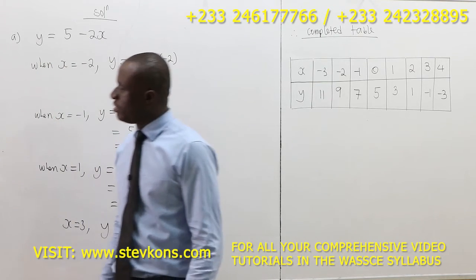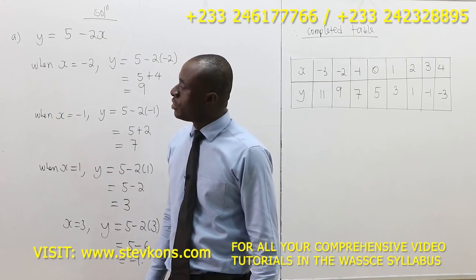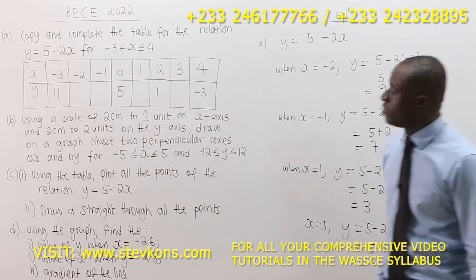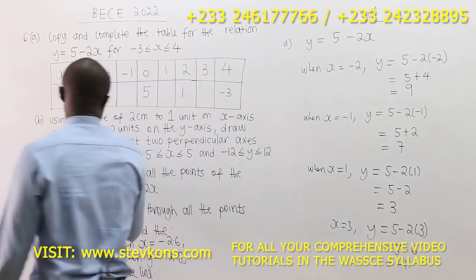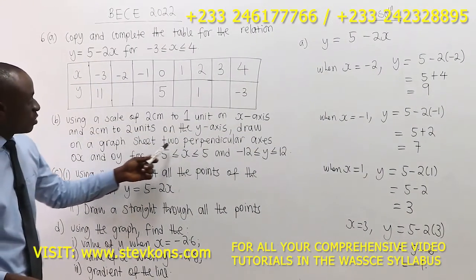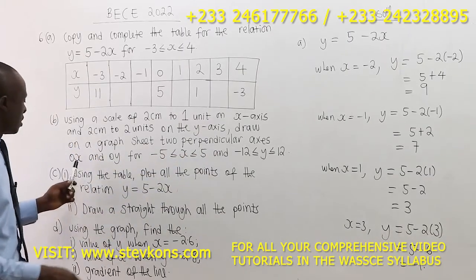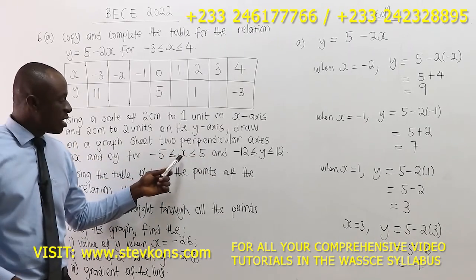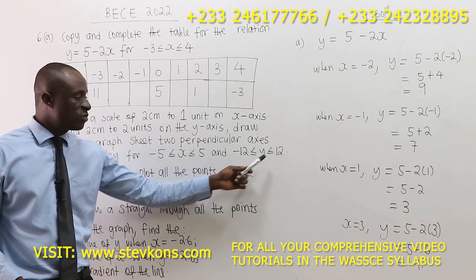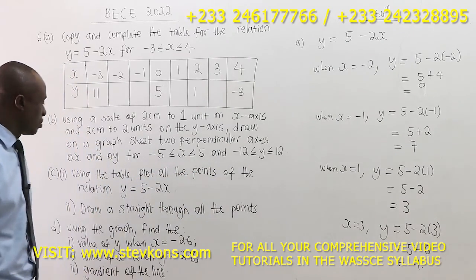Question B is saying that using a scale of 2 centimeters to 1 unit on the x-axis and 2 centimeters to 2 units on the y-axis, draw on a graph sheet 2 perpendicular axes, that is OX and OY, for x greater or equal to negative 5 and less or equal to 5, and y greater or equal to negative 12 and less or equal to 12.